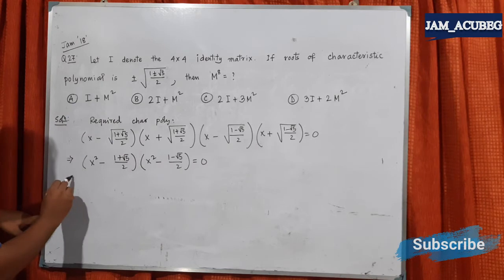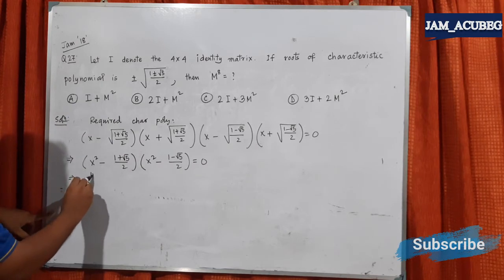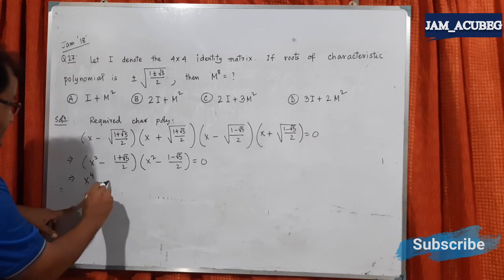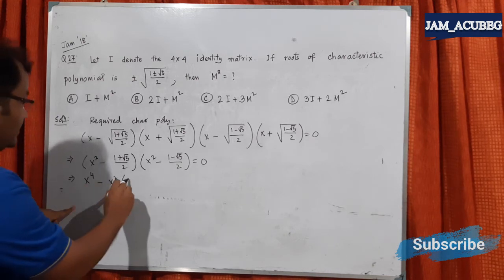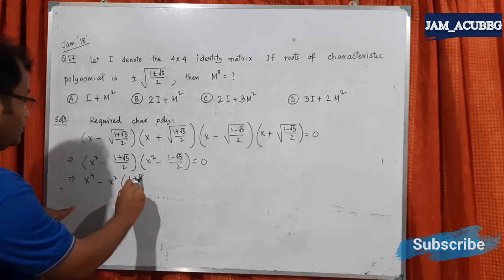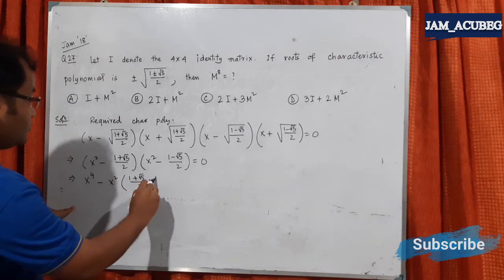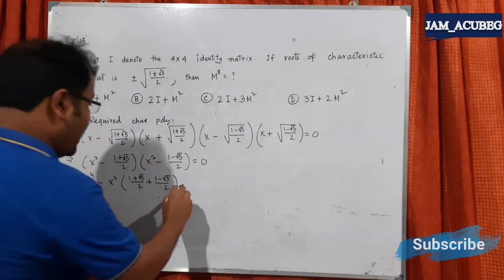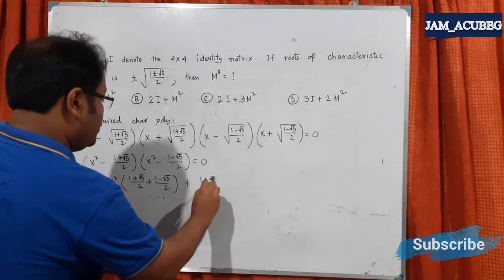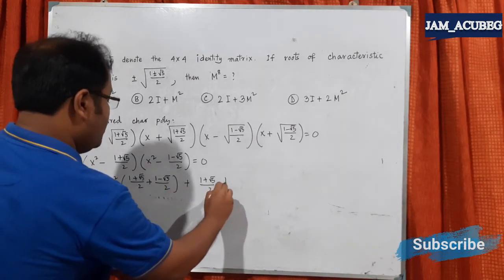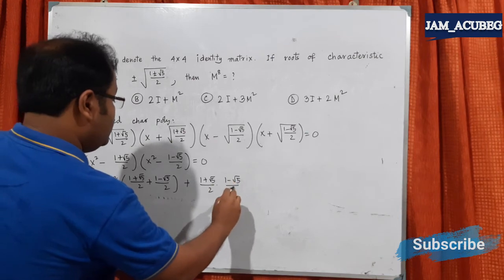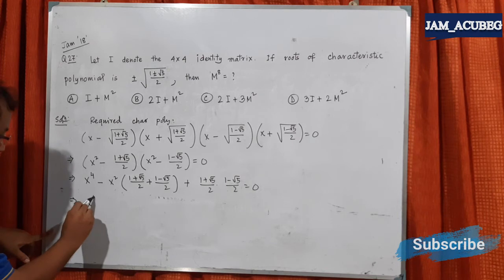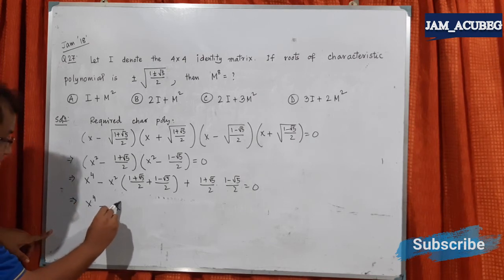Now if we multiply this, we will get x to the power 4, then minus x square into 1 plus root over 5 by 2 plus 1 minus root over 5 by 2, and plus 1 plus root over 5 by 2 times 1 minus root over 5 by 2 equals 0. So finally if I simplify, we get x to the power 4 minus x square.